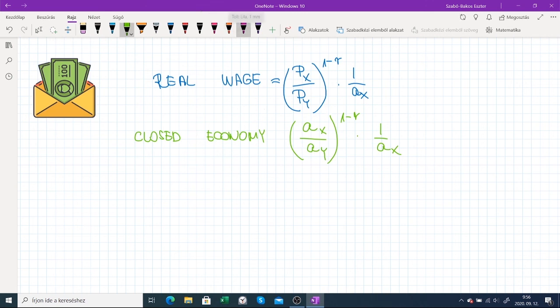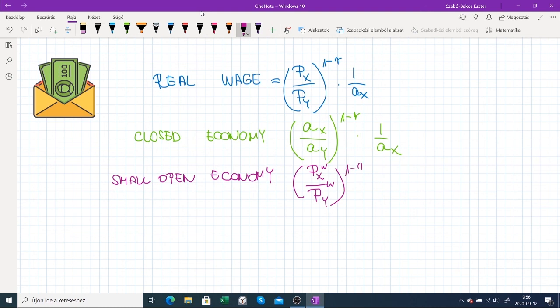In a small open economy, the Px over Py is the relative world price. So Px from the world over Py from the world: Px world over Py world raised to the power of 1 minus gamma times 1 over Ax.